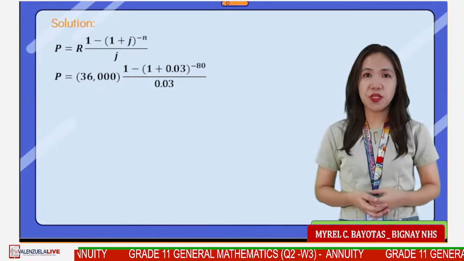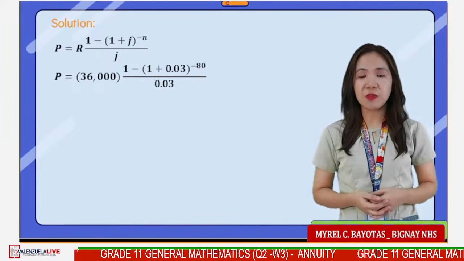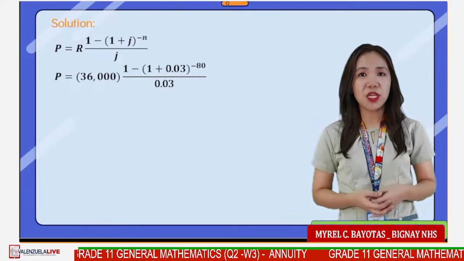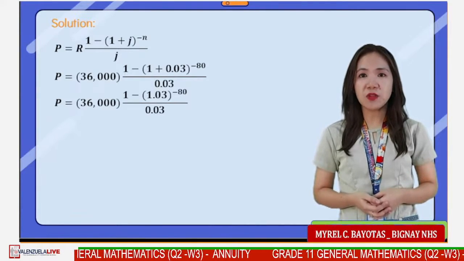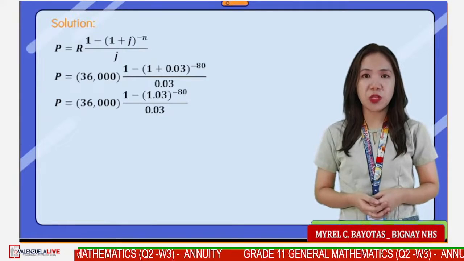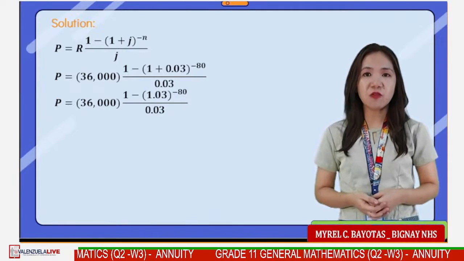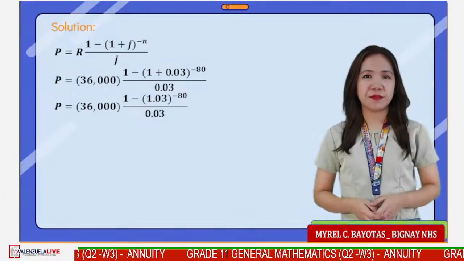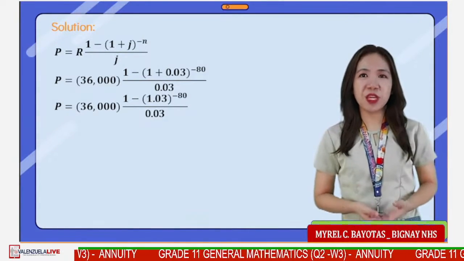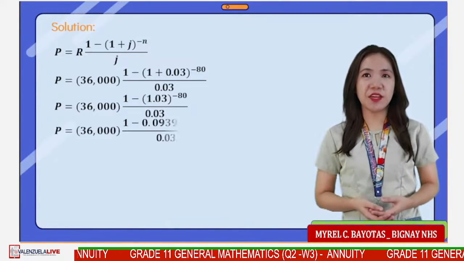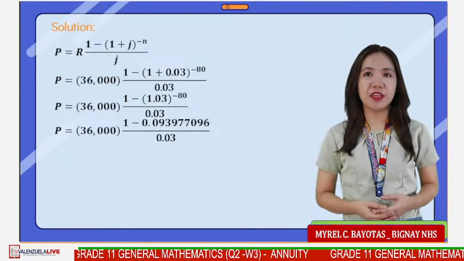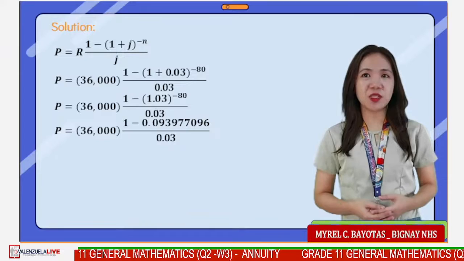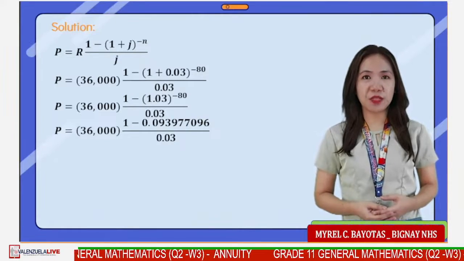Considering PEMDAS, simplify what's inside the parentheses. That is, P equals 36,000 times 1 minus 1.03 raised to negative 80 all over 0.03. Now we have P equals 36,000 times 1 minus 0.093977096 over 0.03.